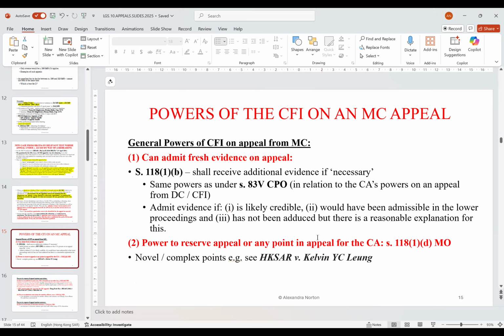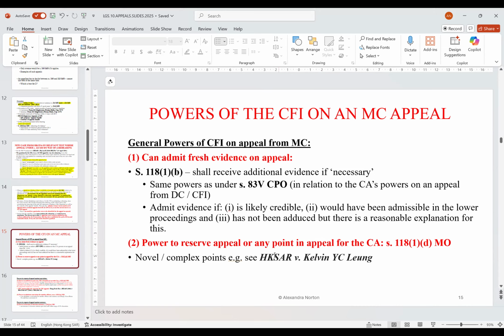So we're talking about things like there has been material non-disclosure from the prosecution, so that's why we need the fresh evidence to be introduced. Or a new witness has suddenly come to light that we didn't know about previously, or new evidence has suddenly been discovered, or perhaps evidence has been fraudulently withheld. Those would all be giving reasonable explanations for not admitting this fresh evidence at first instance.